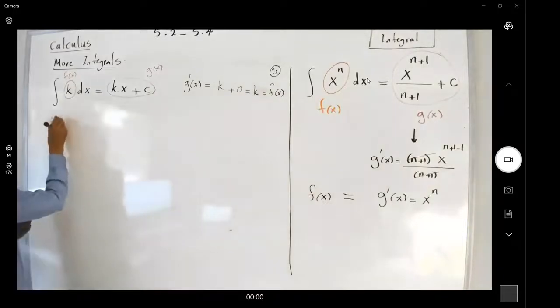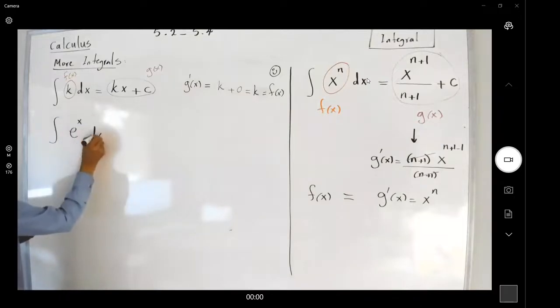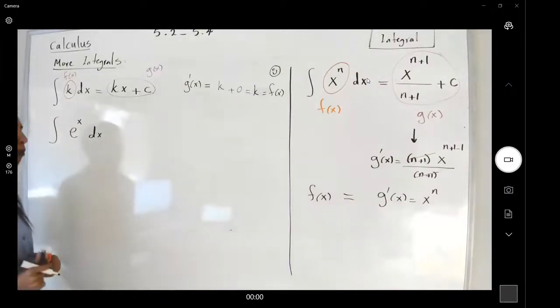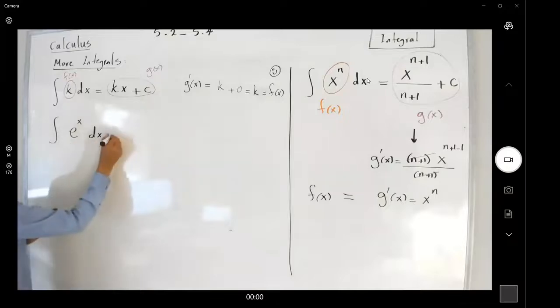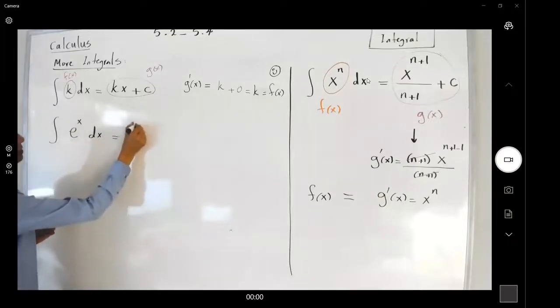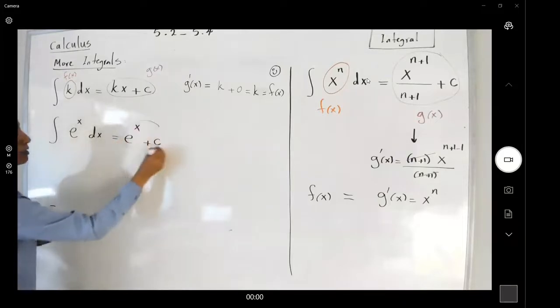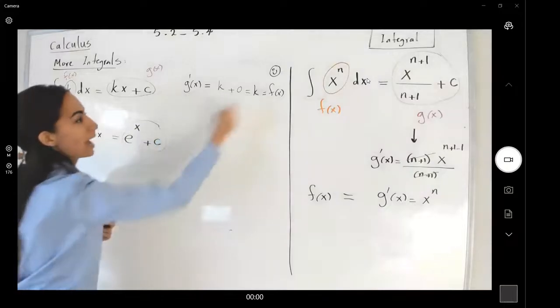The integral of e to the x dx. And I'm going to generalize this formula for you. So the integral of e to the x dx happens to be e to the x plus constant c. Again, make sure you are verifying the equality between g prime and f.